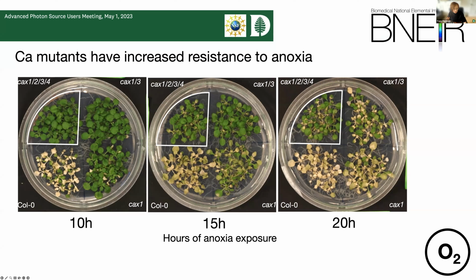This plant is lacking 2 of the CAX transporters, and then this one has all 4 CAX transporters removed. And you can see by about 20 hours of anoxia, it's still doing really well. In fact, after 10 hours of anoxia, there is no effect on the plant. So you can imagine that this kind of resistance would be very useful in abiotic stress flooding.